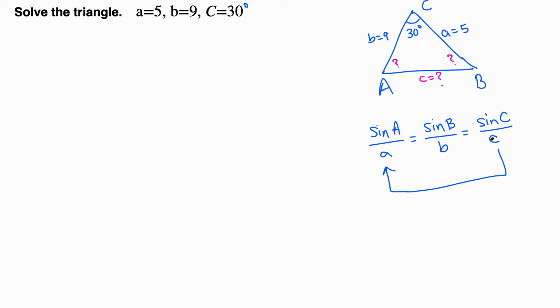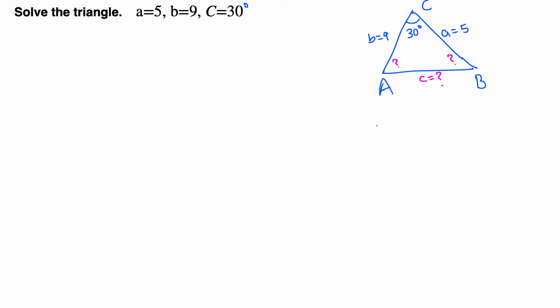If we take these two ratios, we end up with two unknowns, so it does not work. Only angle C is given. Let's try the second and third. Angle B is unknown and side c is also unknown, so no. In fact, for this question, the sine law does not work.